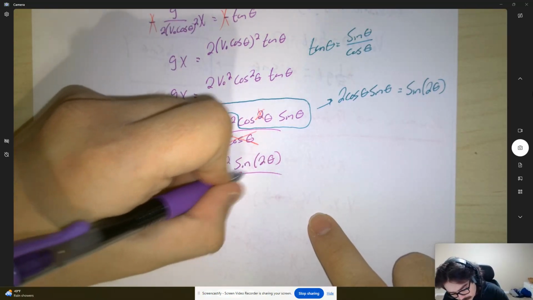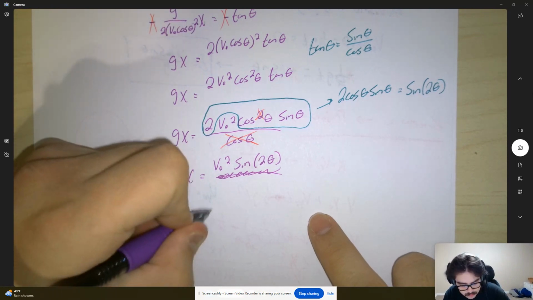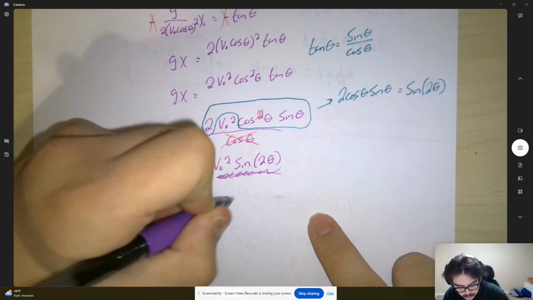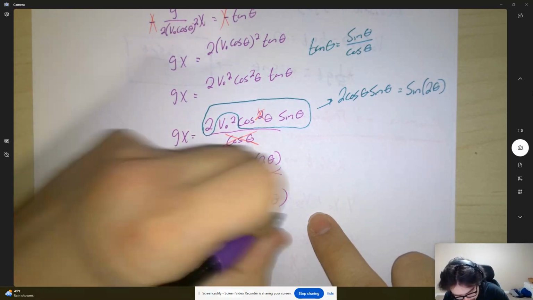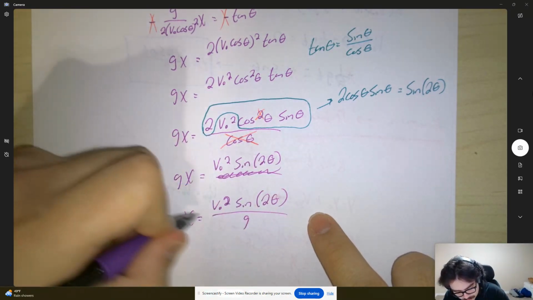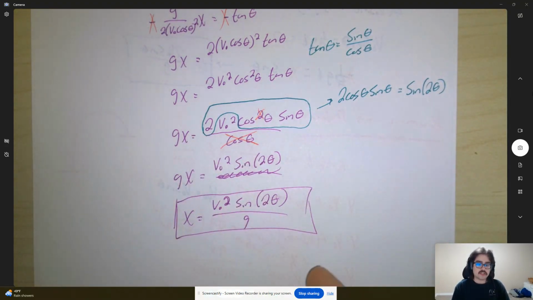Oh, sorry, there's nothing on the denominator yet. But I am going to divide by g on both sides. So that ends up being x equals v naught squared times sine of 2 theta over g. That's the range equation. There it is.